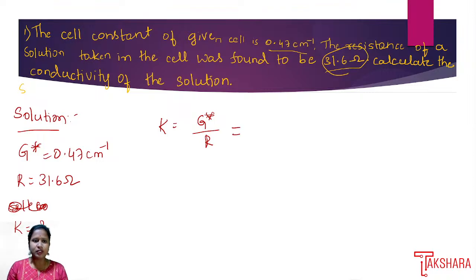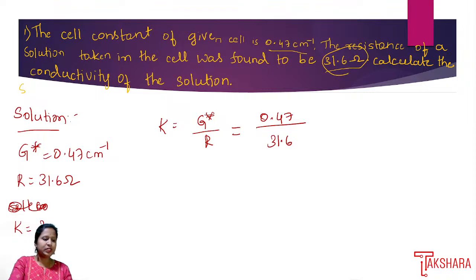So K is equal to G star, which is 0.47 per centimeter, divided by R, which is 31.6 ohm. If we calculate using a simple calculator, 0.47 divided by 31.6 is 0.0148.